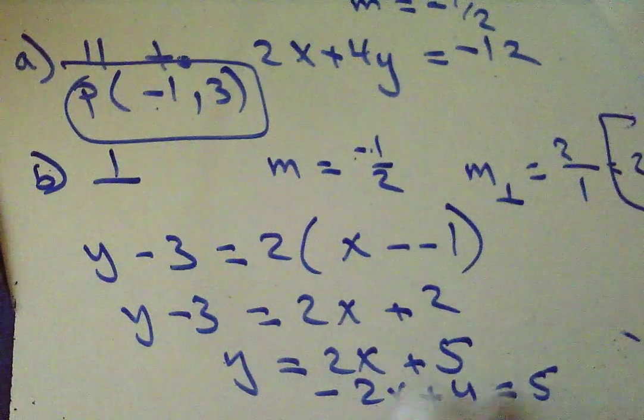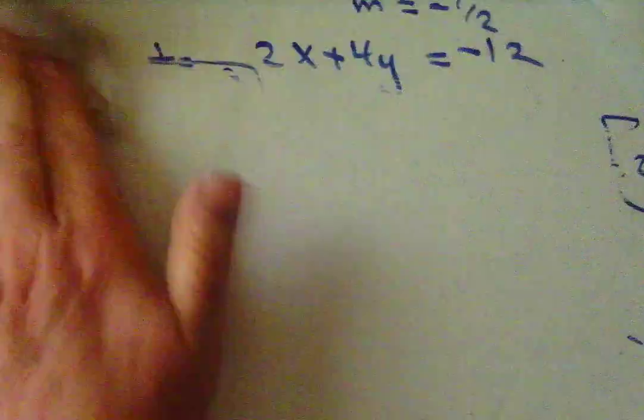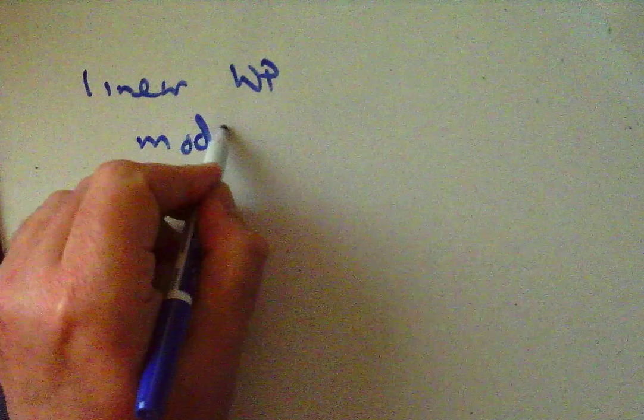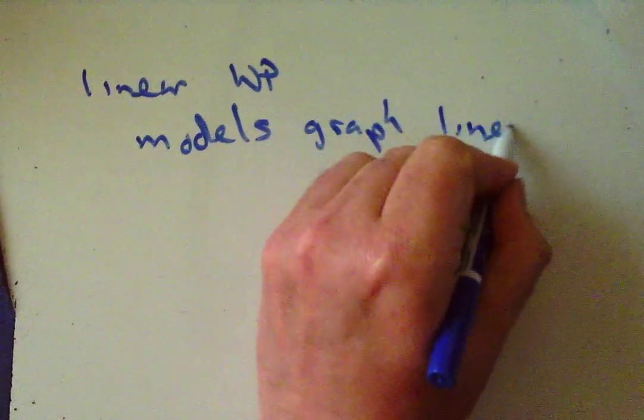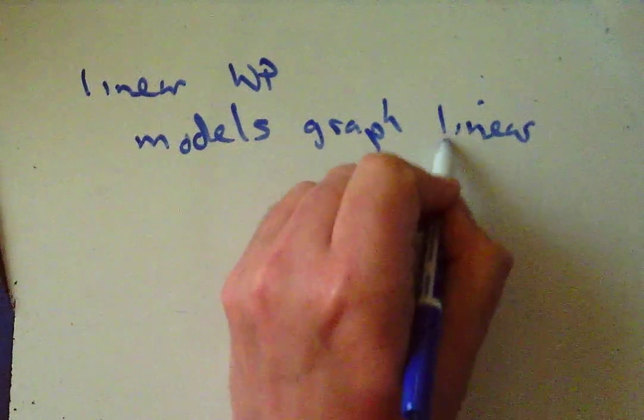Okay, what's next? Next is the word problems. All right, so a lot of people get really tense and upset with word problems, and I just want to talk about linear word problems today. Linear word problems means that all the models graph linear functions.